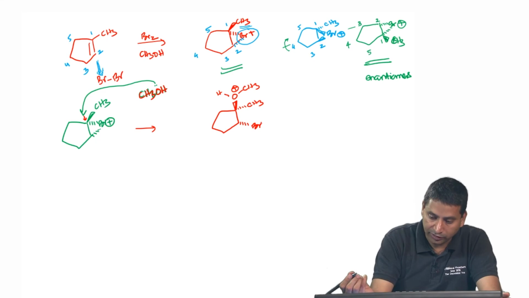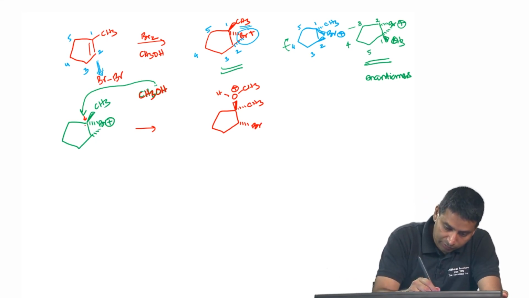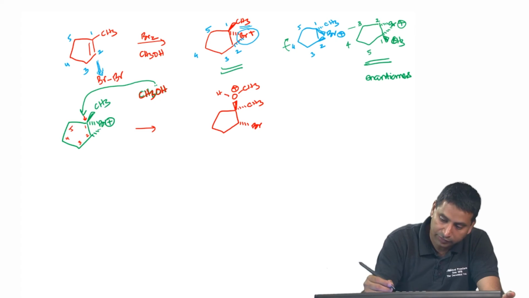Just so that I do not get confused, I am going to continue with the numbering: 3, 4 and 5. Similarly, 1, 2, 3, 4 and 5.